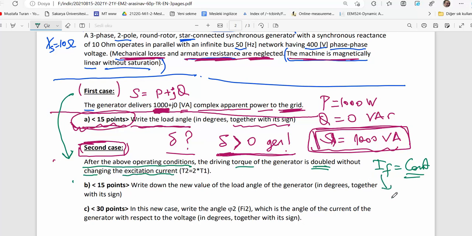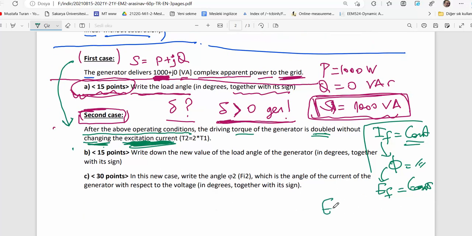If IF is constant, flux will be constant, and as a result, induced EMF in the armature will stay constant. There's no change. That is a clue. Excitation current is without changing, so it is constant. What does it mean? Magnitude of EF is constant.